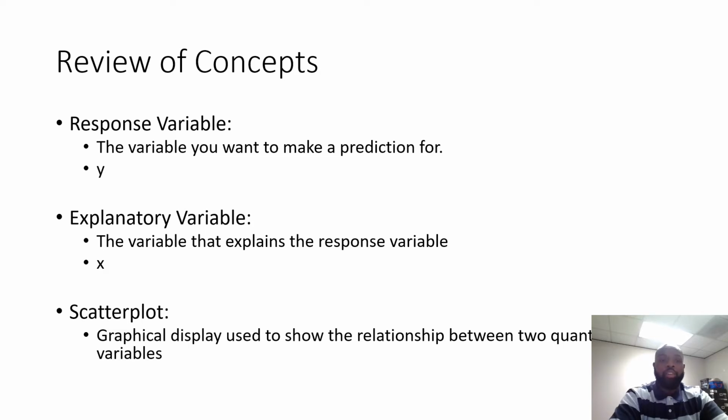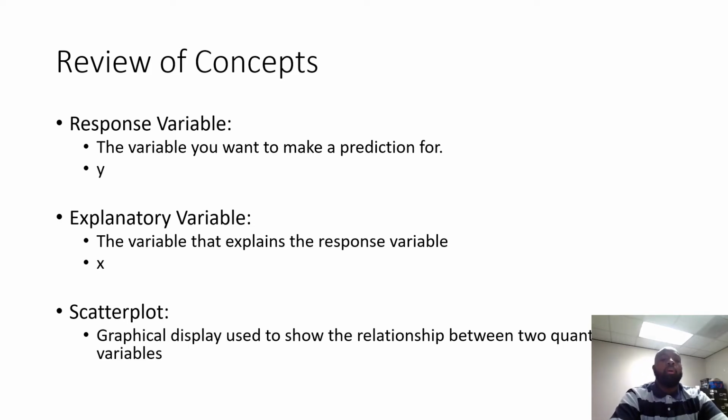The explanatory variable, I'm going to start with that. In math and science, we call that the independent variable. But in statistics, we sometimes call that the explanatory variable. This is the variable that explains the other variable. And that other variable that is being explained is called your response variable and is given by the variable y.